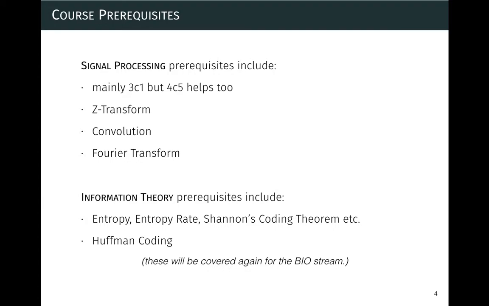We'll also touch on information theory, because you're using compression, so entropy and Shannon encoding will be useful at a point. But again, I will go slowly for that, and you'll get ample information in the material just for 4C8.